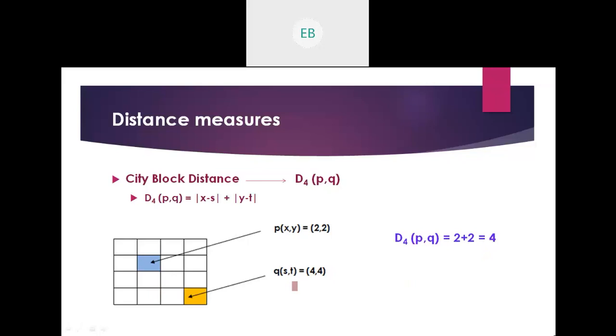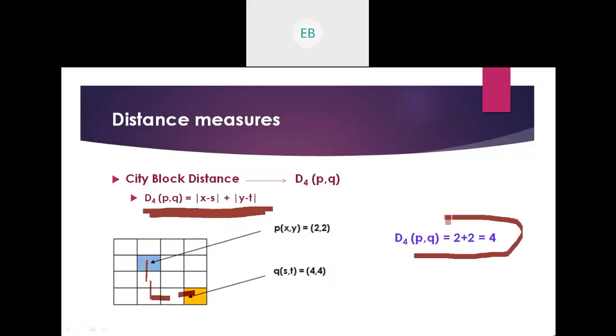Can't you directly use the formula, D4 of p, q? Yes, definitely this is the formula, but I'm doing this the conventional way. That is easy when you can see the image in front of you and want to calculate it directly.